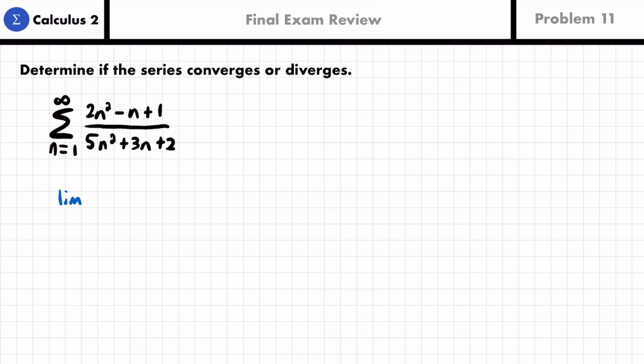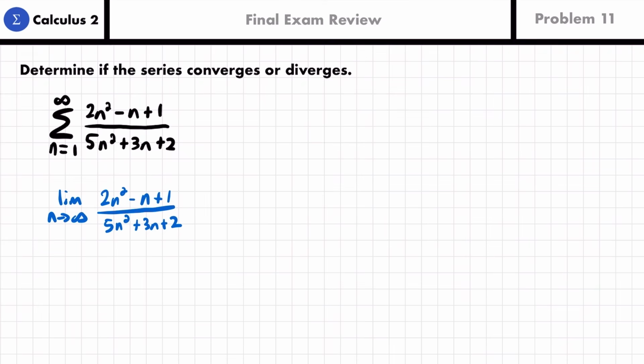Let's take the limit as n approaches infinity of 2n squared minus n plus 1 divided by 5n squared plus 3n plus 2. Okay, now if you're very familiar with evaluating limits at infinity, this is a pretty quick limit.